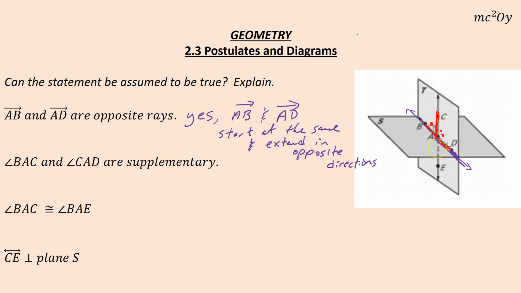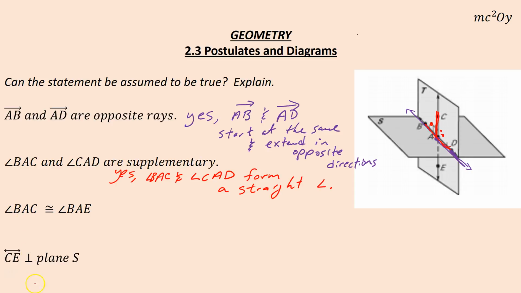Yeah, they make a straight line. They add up to 180, so that is true. Angle BAC and angle CAD form a straight angle. All right, and straight angles are 180 degrees.